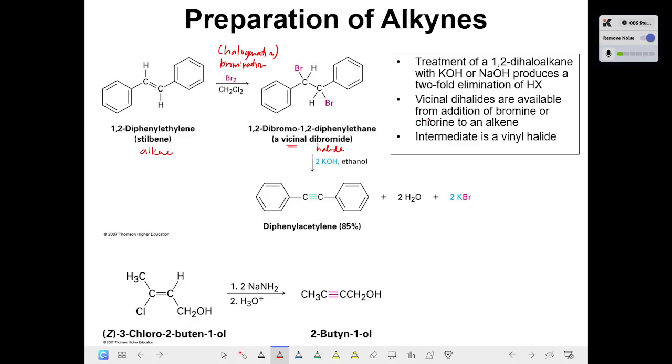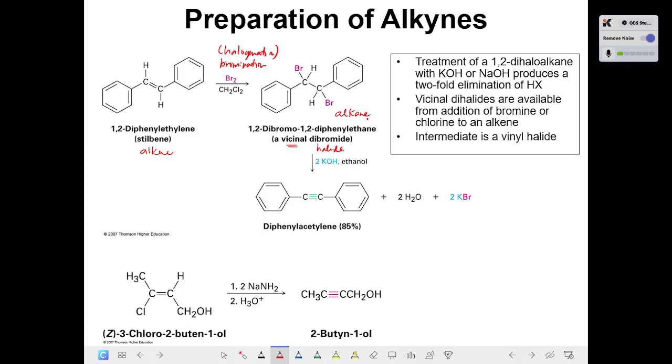Now, sabi dito sa ating slide, the treatment of this vicinal dibromide, itong ating 1,2-dihaloalkane. So, di ba naging, ano kasi to, from alkene, naging alkane siya. Pero dahil meron ka nitong bromines dito or halogens, that is called haloalkane. Kaya siya di kasi dalawa yung halogen na nilagay mo.